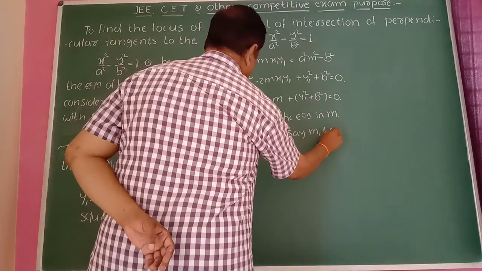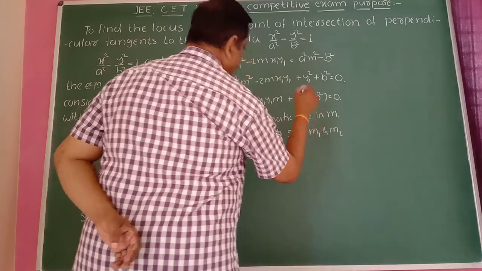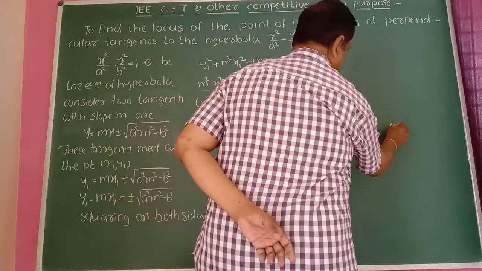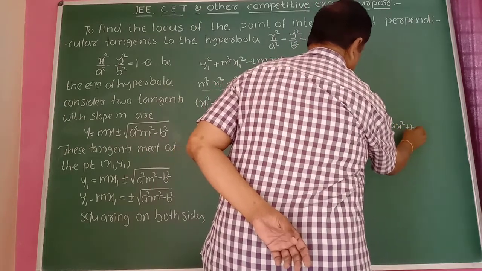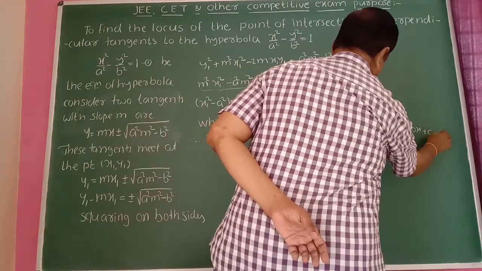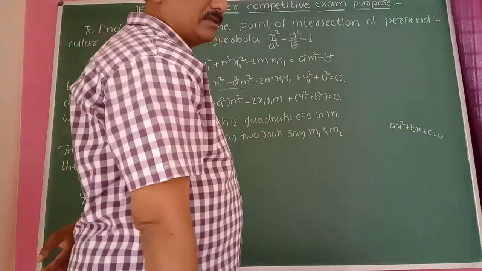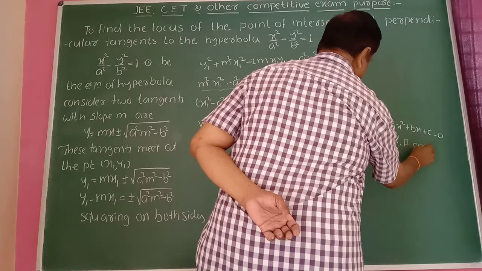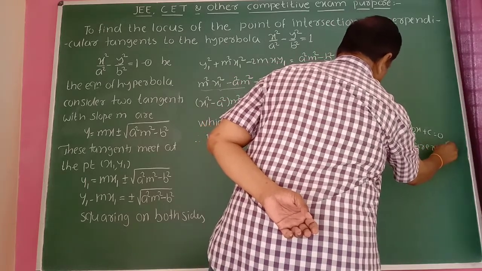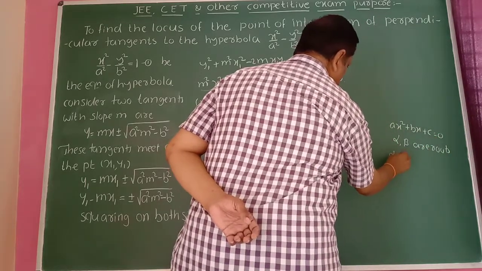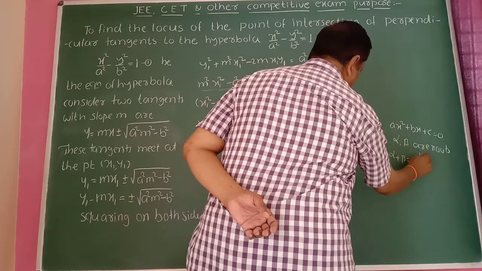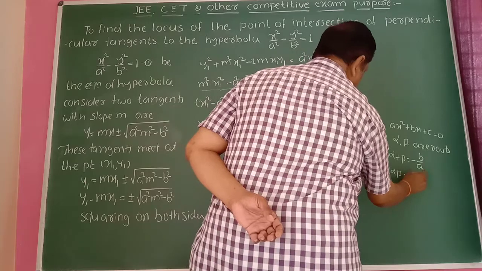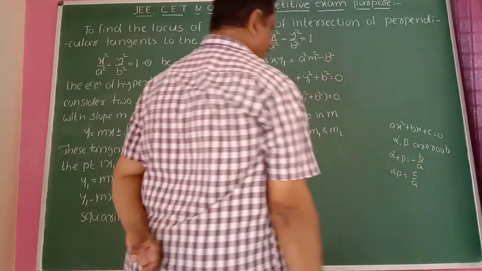So just observe this result: suppose ax square plus bx plus c is equal to 0. This is a quadratic equation. Then it has two roots, alpha and beta. Then the sum of the roots is given by the formula minus b by a, and the product of the roots is given by c by a.